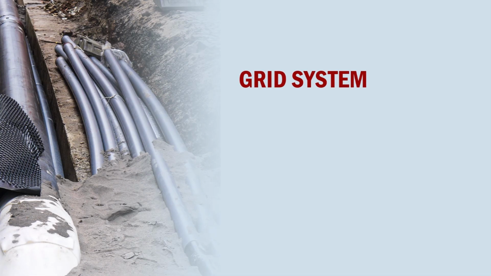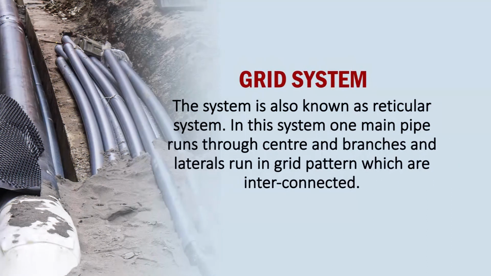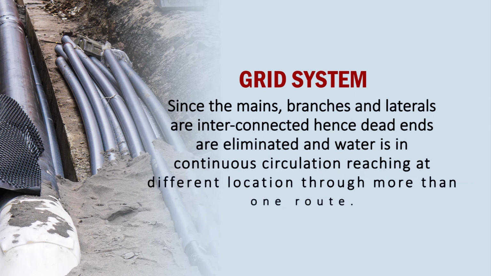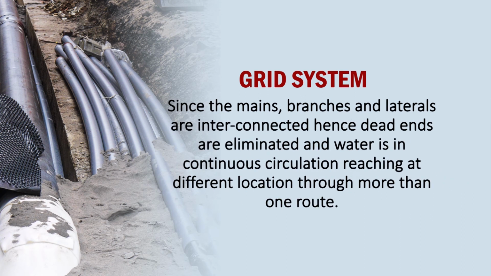Now, grid system. The system is also known as reticular system. In this system, one main pipe runs through the center and branches and laterals run in a grid pattern which are interconnected. Since the mains, branches and laterals are interconnected, dead ends are eliminated and water is in continuous circulation, reaching different locations through more than one route.